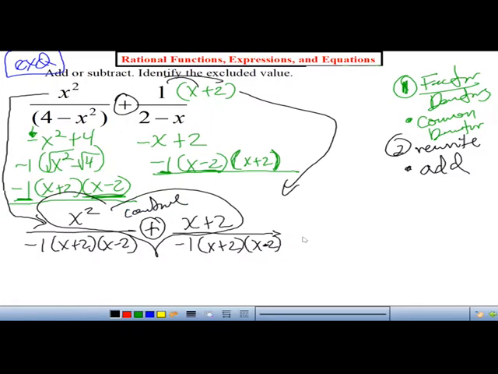And the denominator, we only write it once: -1, x plus 2, x minus 2. So can we combine anything here? Not really. We just combine them all together and write them as is. X squared plus x plus 2. So far, so good? Yes?